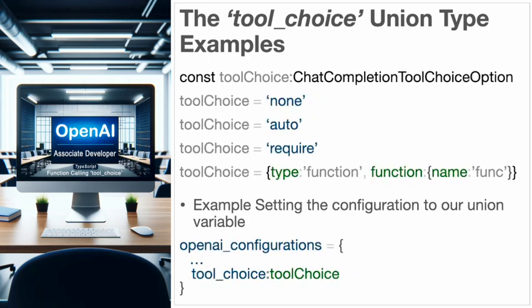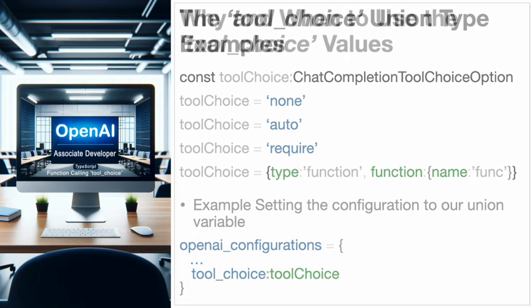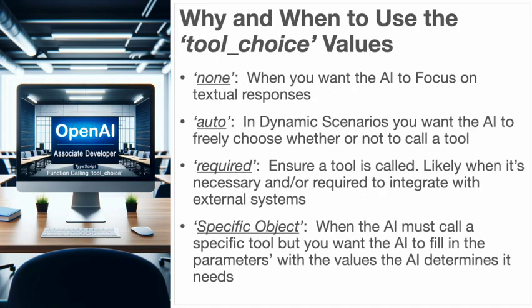Now that we know what we can set the tool choice variable to, here's why and when to use these options. Use none when you want the model to focus on generating textual responses without invoking any external tools. Use auto to give the model flexibility to decide the best course of action, which can be useful in dynamic scenarios where the need for tool usage isn't always predictable.